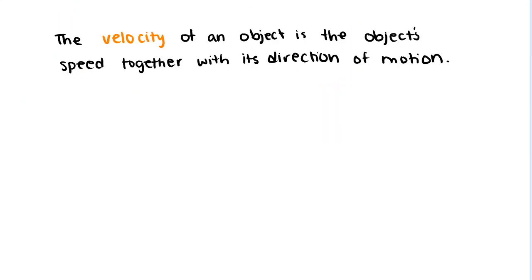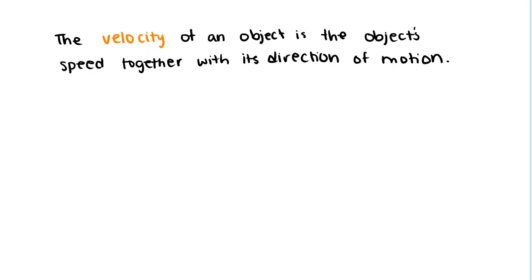So let's apply these ideas of the distance and direction interpretation of a vector to some more realistic problems. One idea that can be modeled by vectors is the notion of the velocity of an object. The velocity of an object is just the object's speed paired together with its direction of motion.